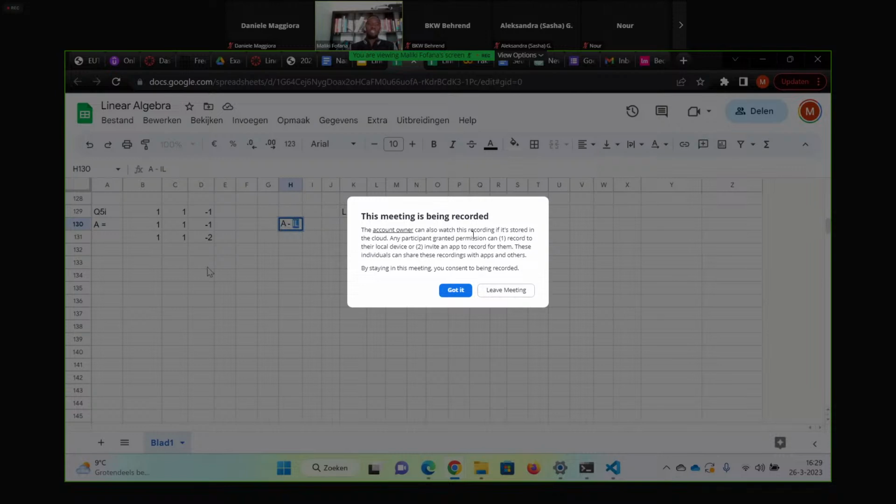I'll go through it slowly so you get it. Then I have to take the difference, so I'll take the difference of that, and this will equal the following.